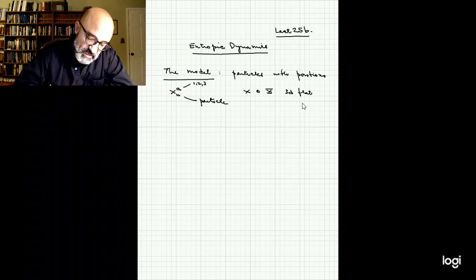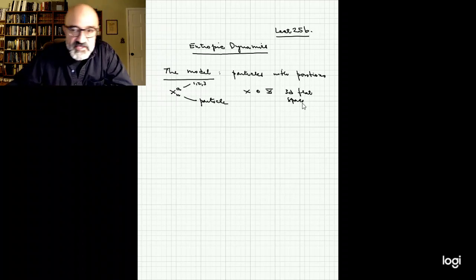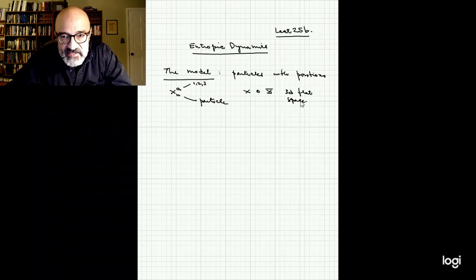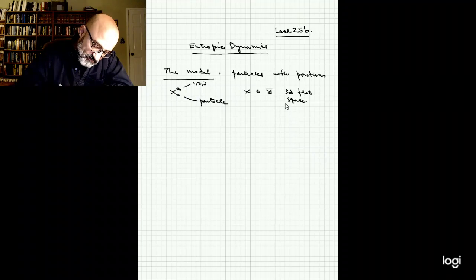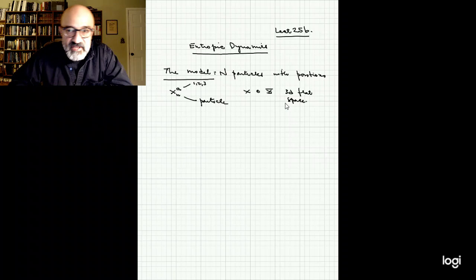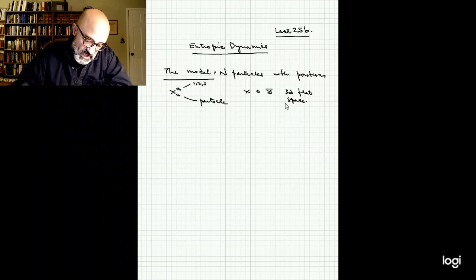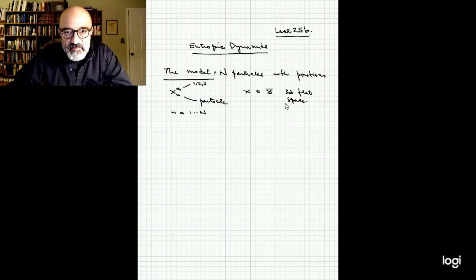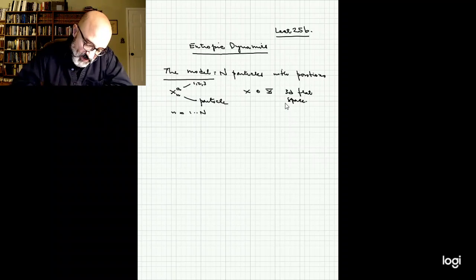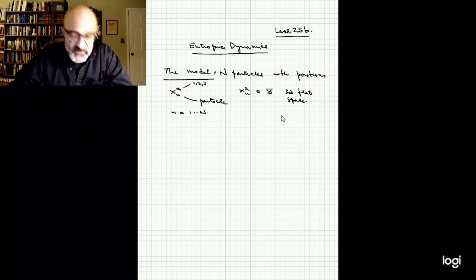flat space. It is possible to develop the theory in curved spaces. We have done that, but for now we just want to deal with flat space. And there are capital N particles, so n goes from 1 to N. And maybe I should say that's for one particle.